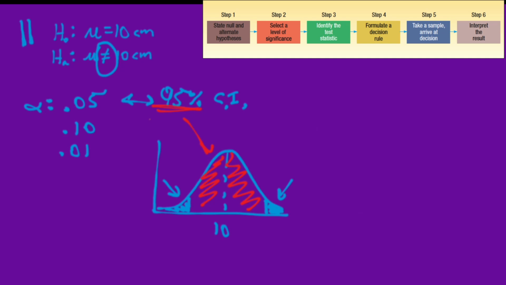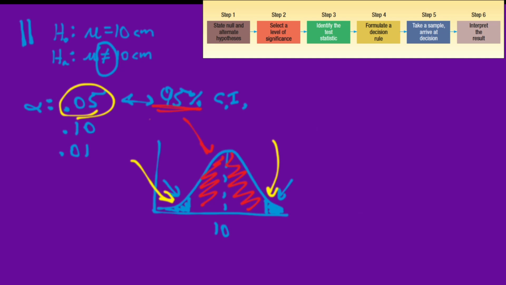In our case here, with a 5%, we're interested in the extreme cases. We're interested in, is there enough evidence that it's too far away? Did we find a sample value that's so far away from the mean, or our null hypothesis mean, that we can reject it?